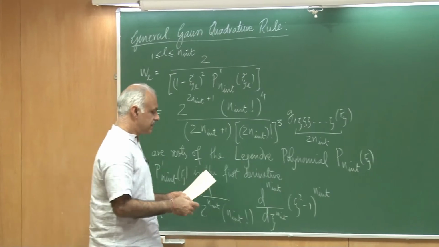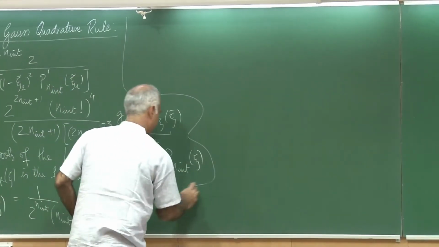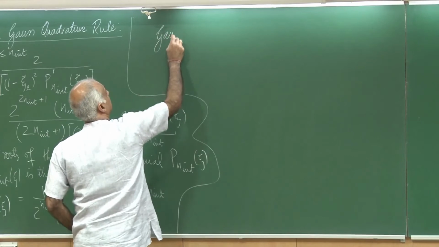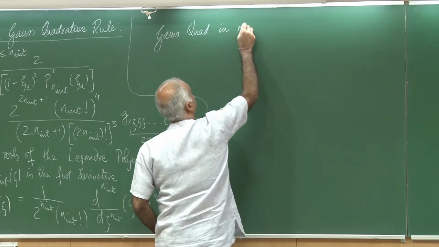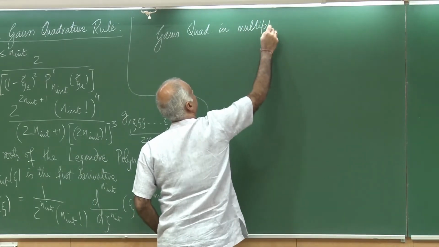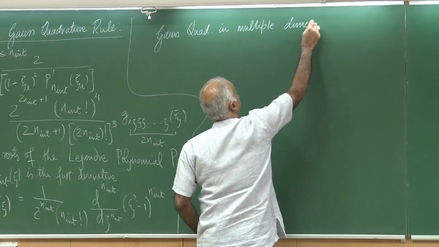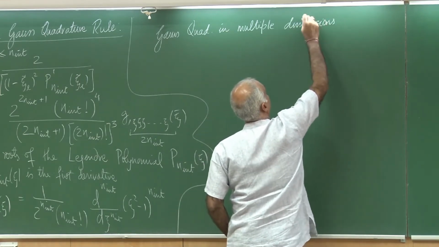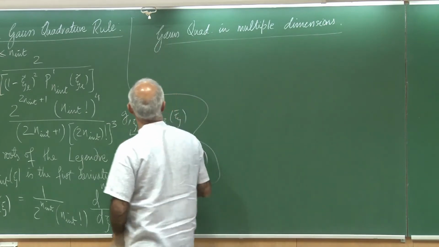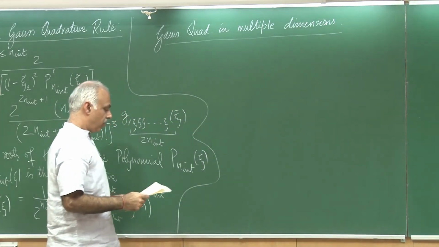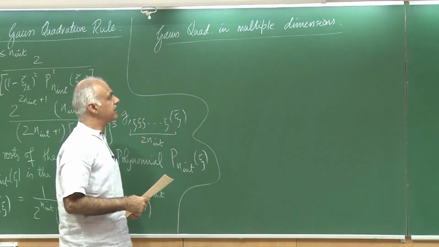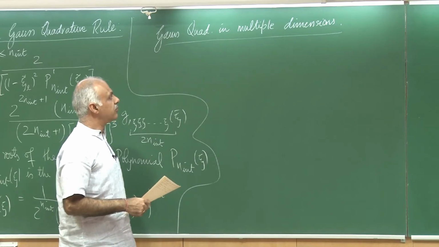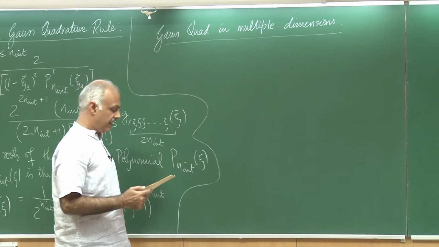What about multiple dimensions? Gauss quadrature in multiple dimensions. Just like we did for the Lagrange polynomials when we discussed the shape functions, we are going to use the rule in each coordinate axis.